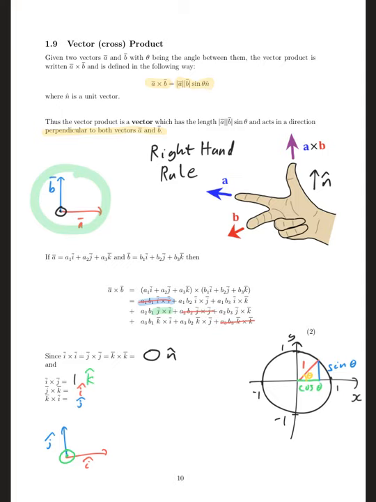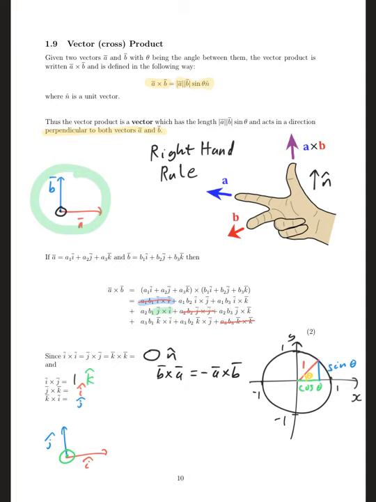So a cross b was pointing straight up, b cross a is pointing straight down. So the general rule is that b cross a is equal to minus a cross b, because of course minus a vector is the vector pointing directly in the opposite direction.